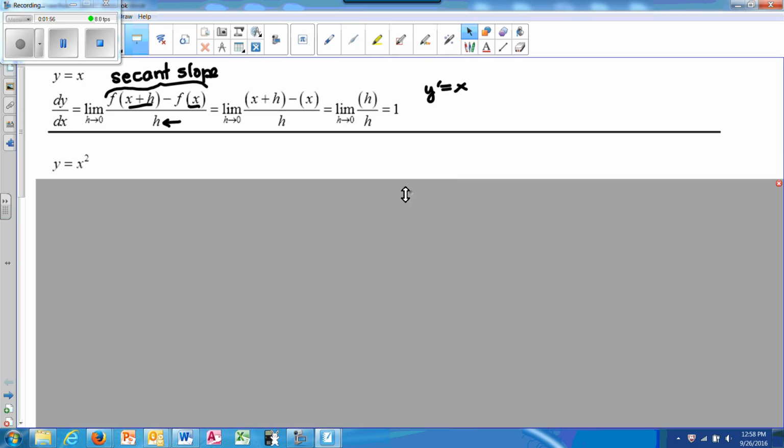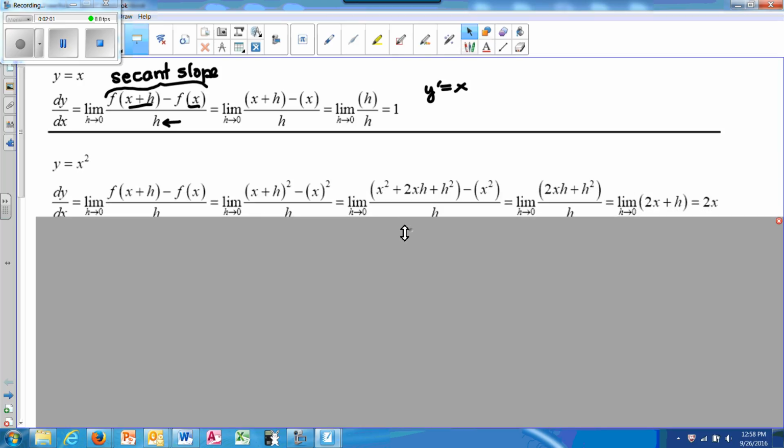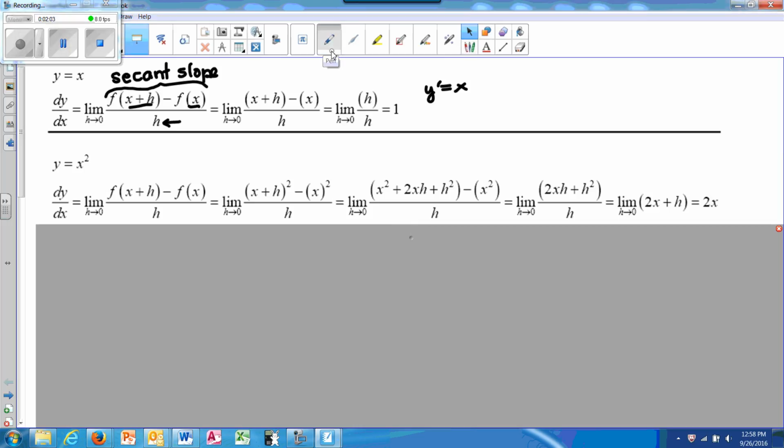We can repeat this process for y equals x squared. We start again with the definition of the derivative, which is the limit of the secant slope. Now this time we're going to substitute x plus h into x squared and x into x squared. That gives us the equations so that we have x plus h quantity squared minus x squared.